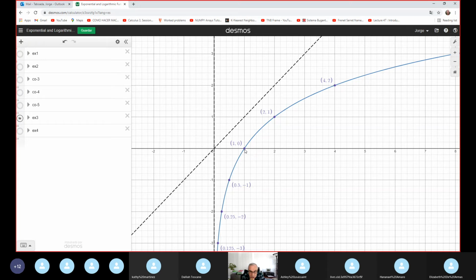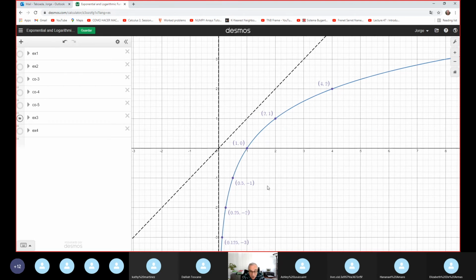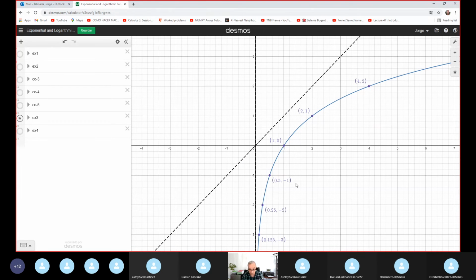So the range of this function is all real numbers, positive and negative. However, be careful, the domain is only positive values. We never have negative values. In other words, the logarithm of a negative number is impossible. Negative numbers are completely out of the domain of the logarithmic function. And 0 is also out of the domain because the logarithm of 0 is undefined.